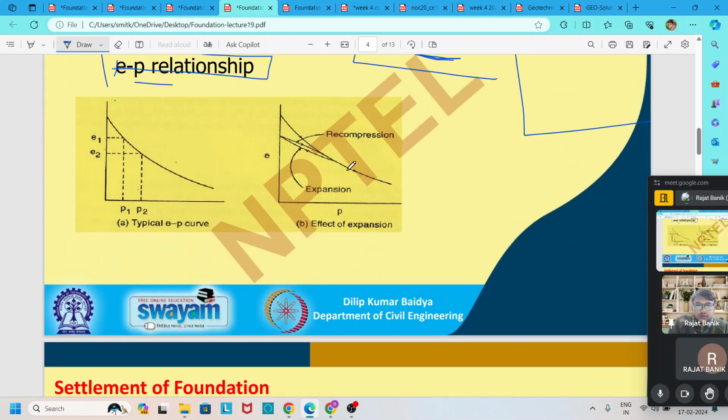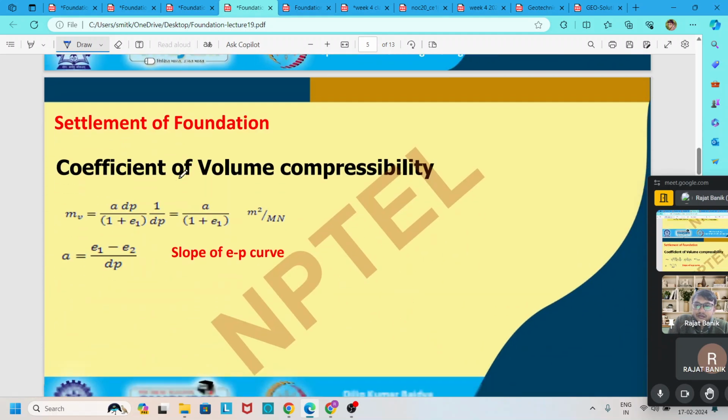The slope of this line is called the coefficient of compressibility.